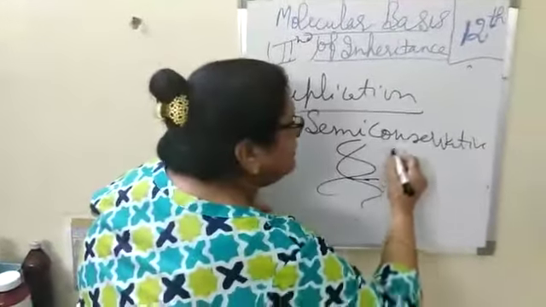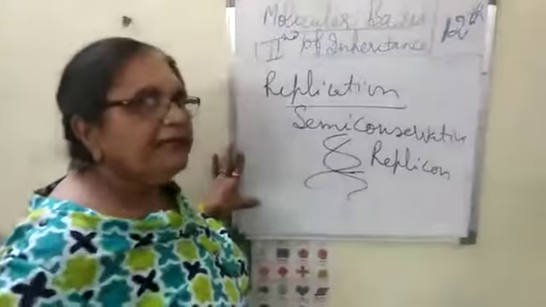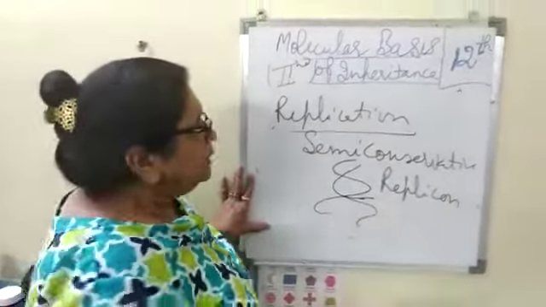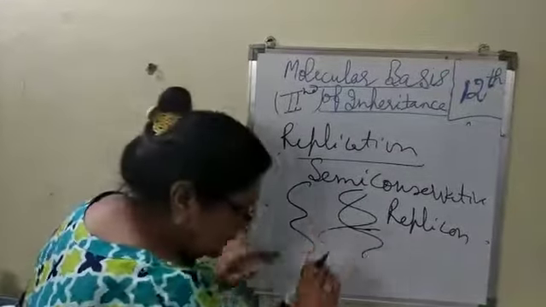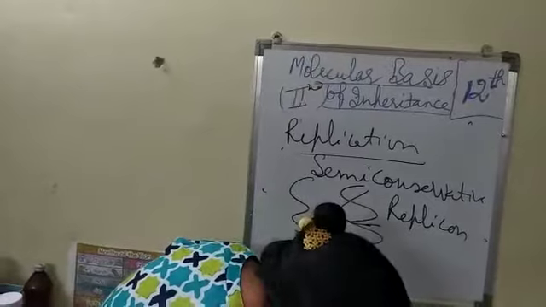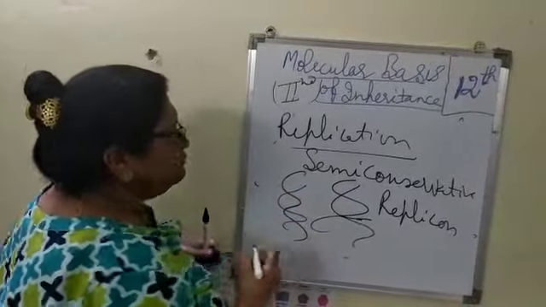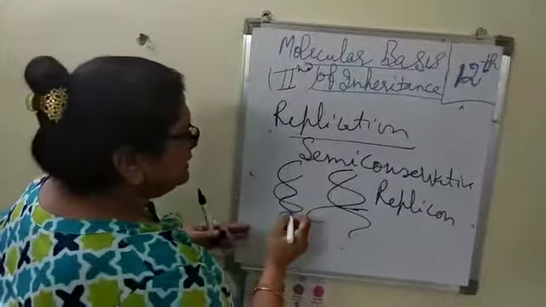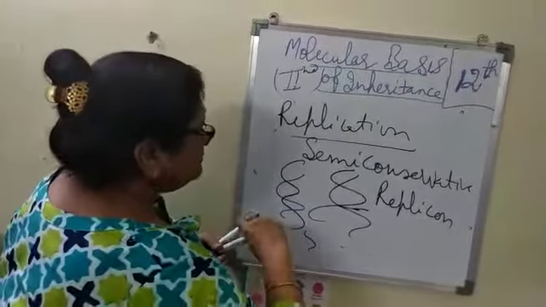Where it replicates, it divides. When it divides, one strand remains parental and the second strand forms new.